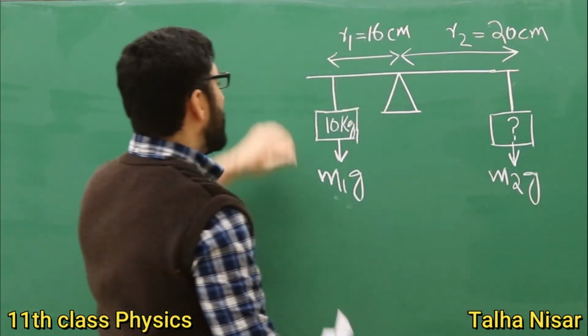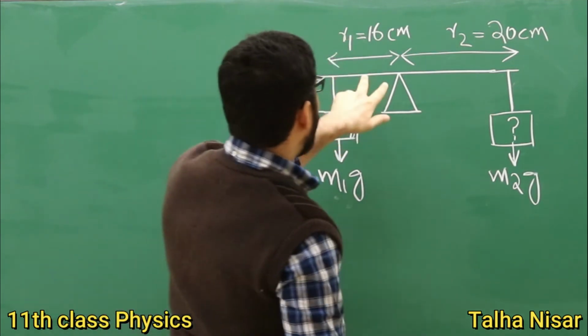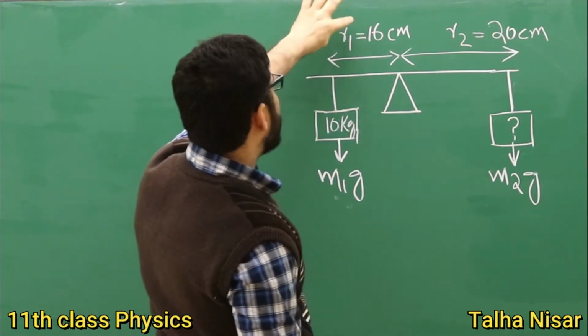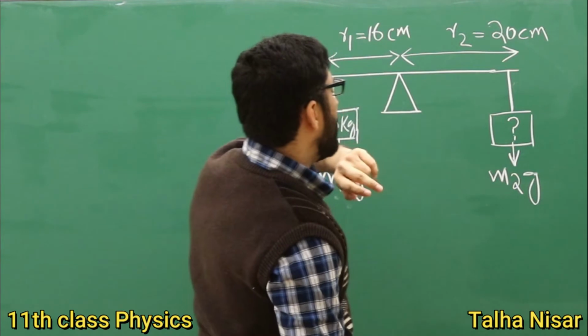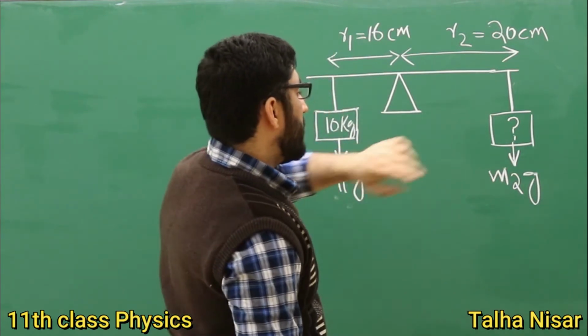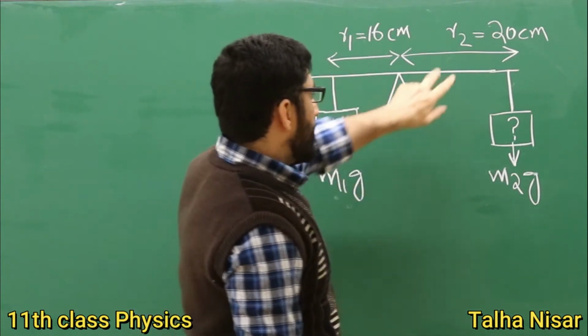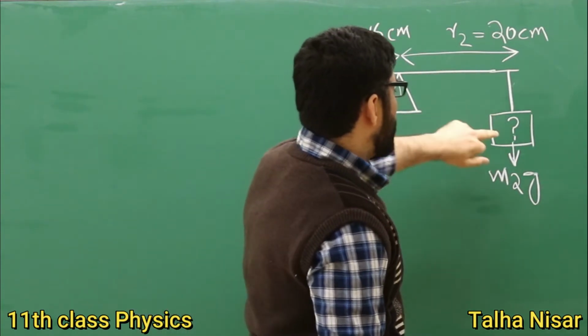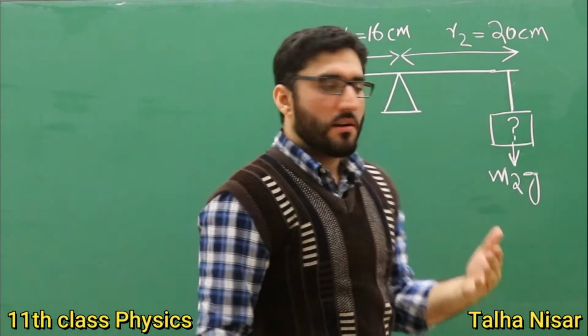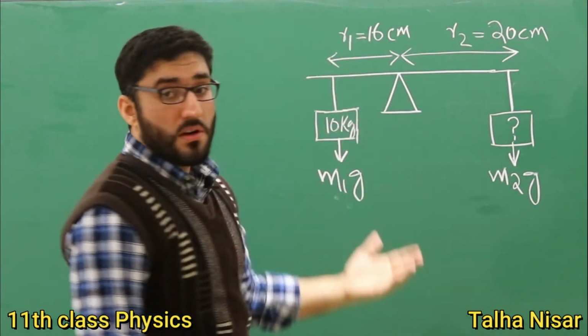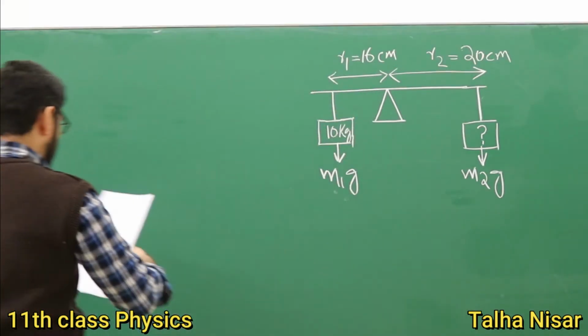So the moment arm for this mass is smaller than this one. We want to know what is the mass that is hanging here. Since this distance is larger, this mass should be smaller than this mass, and we will try to find out.